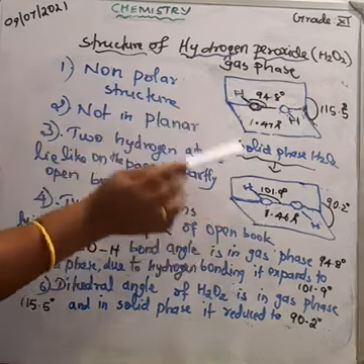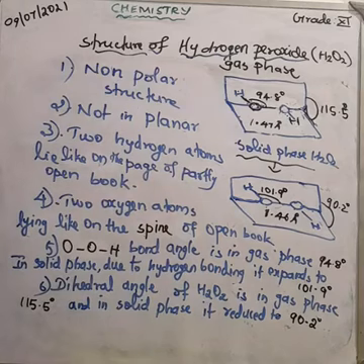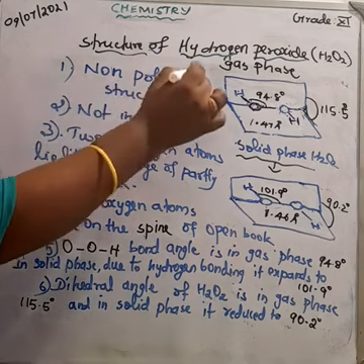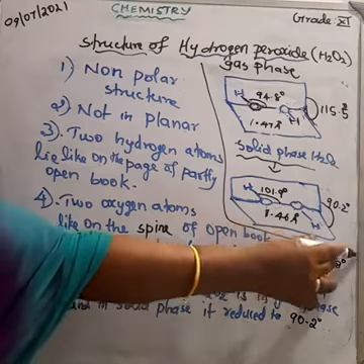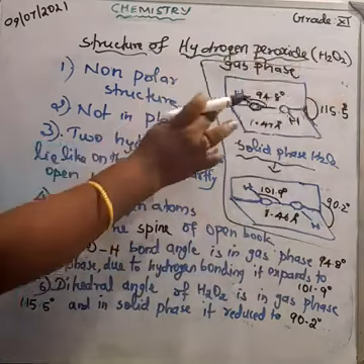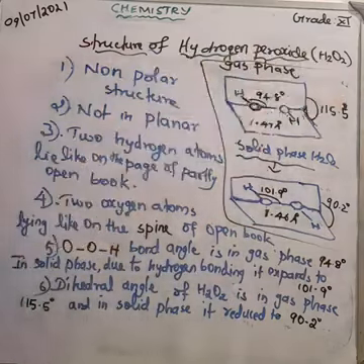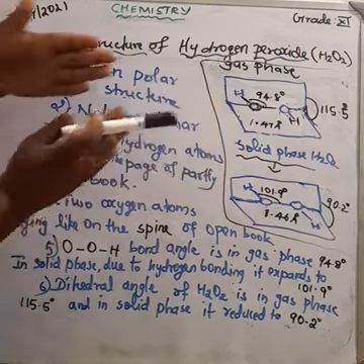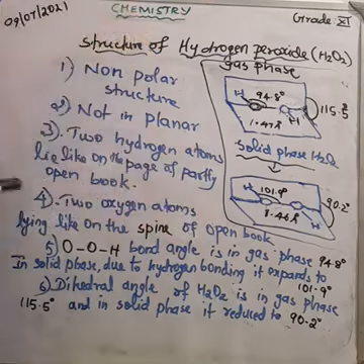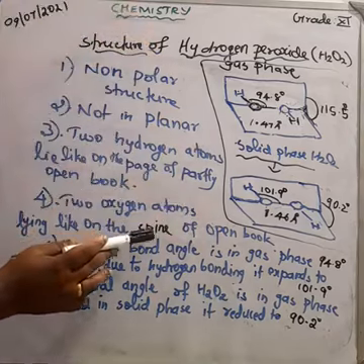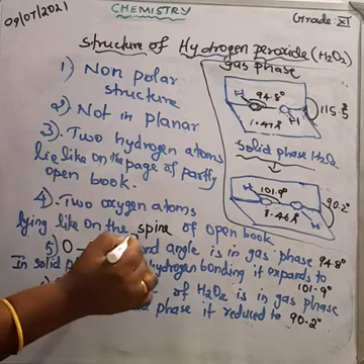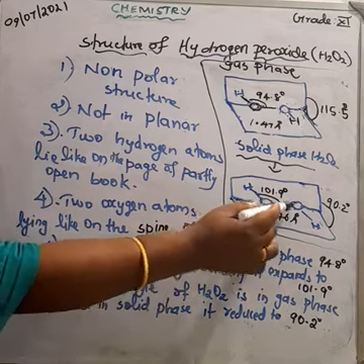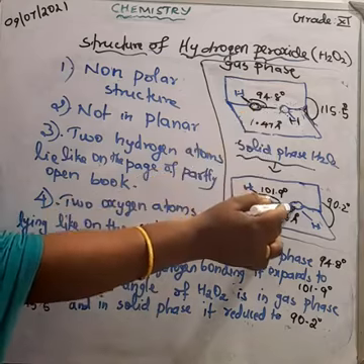It is not planar. The two hydrogen atoms of hydrogen peroxide lie on the pages of a partly open book, and the two oxygen atoms lie on the spine of the open book.